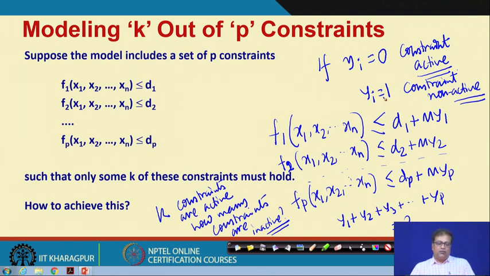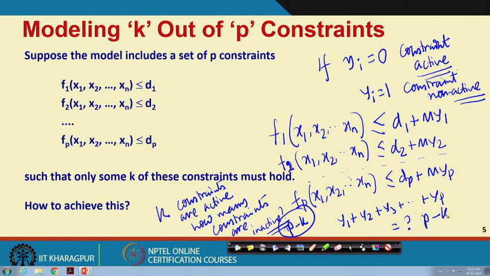So, how many are non-zero? The inactive constraints should be p minus k. So, all the yi's, when you add, the sum should be p minus k.